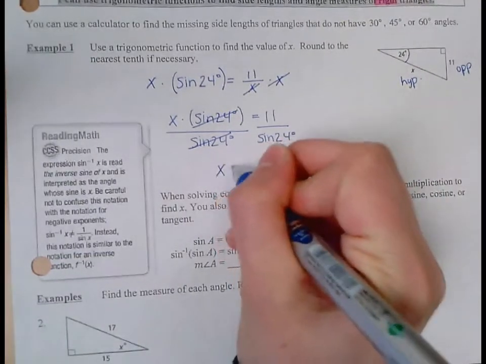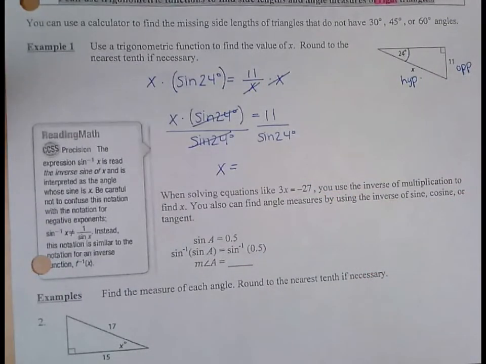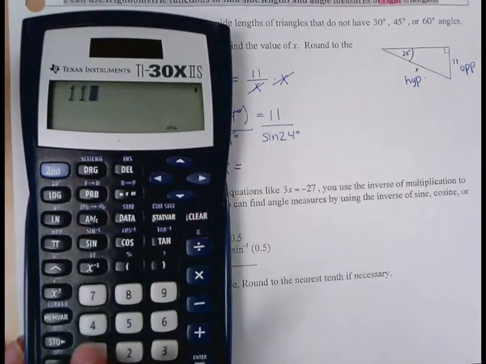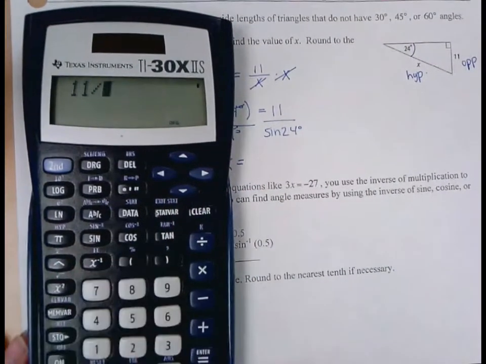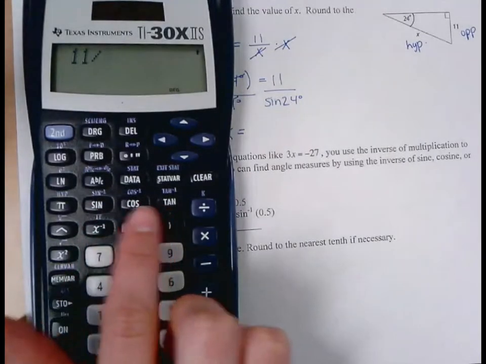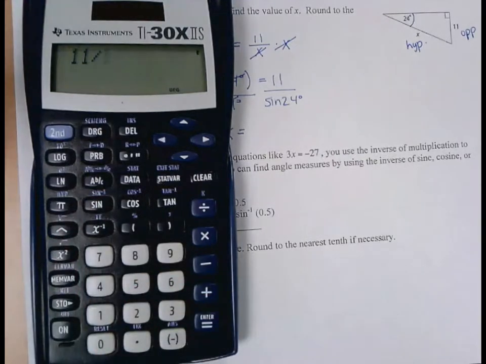So I'm going to get x equals, and now in my calculator I can type in 11 divided by sine of 24 degrees. And on your scientific calculator, you should have actual keys for sine, cosine, tangent. If you have a different type of calculator, I know some of you have your own graphing calculators.